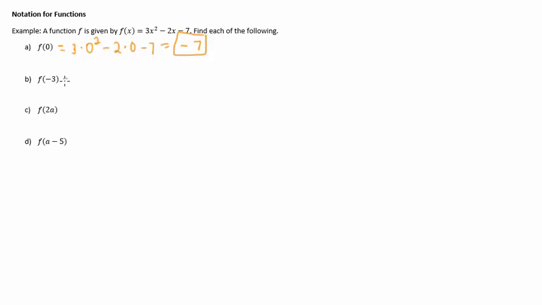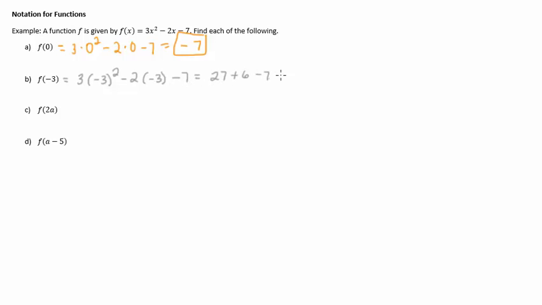And then we just keep going through these. So f of -3, we're going to plug in a -3 everywhere that x is. So this requires a little more work. -3 squared is 9. 9 times 3 is 27. -2 times -3 is +6.